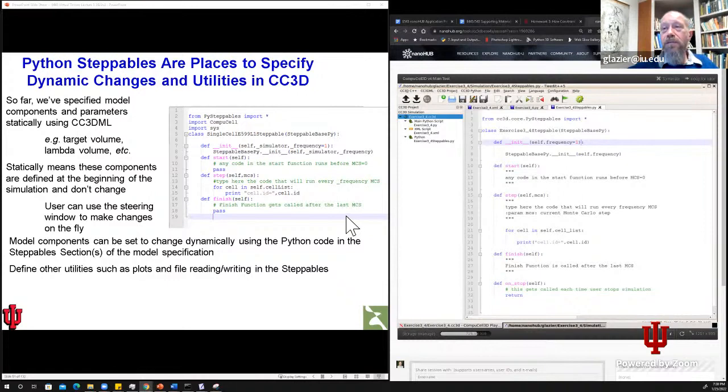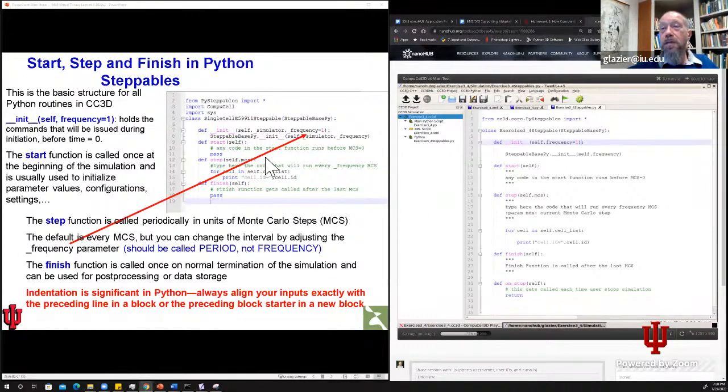And then inside of this, you will see the init. In the init, you issue Python commands that are started before the beginning of the simulation, before time 0. The start is called at time 0 and just once. And we're typically going to use that to do things like configure the cells, set their parameters, and so on.